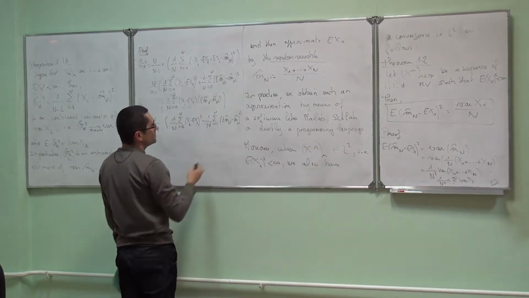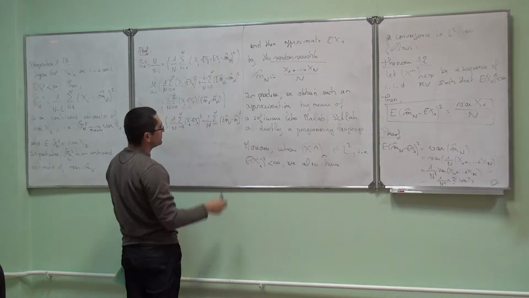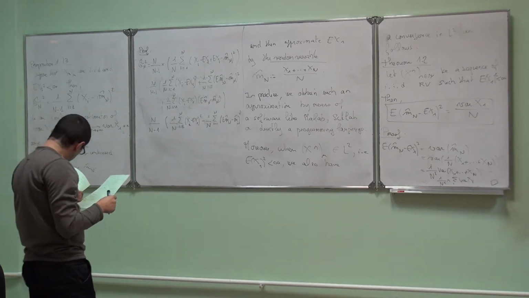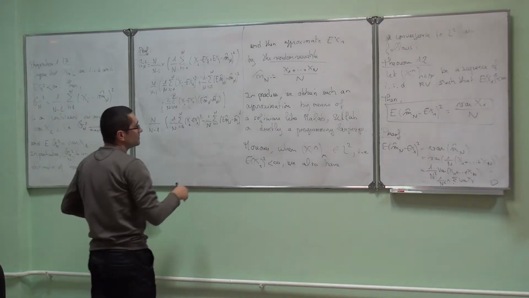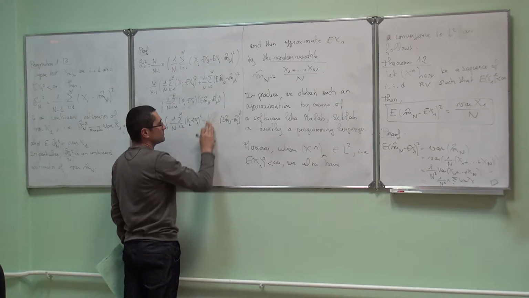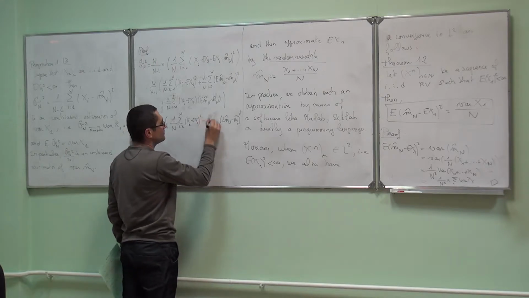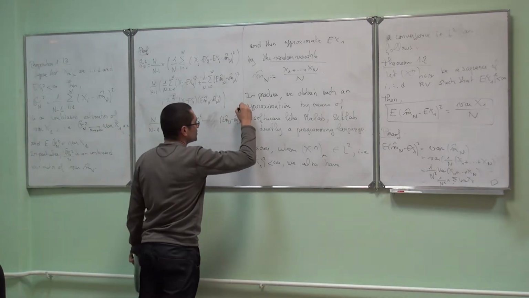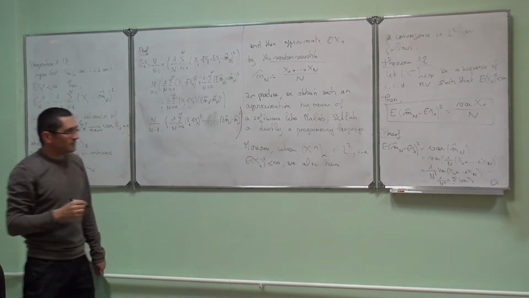But actually you can simplify this term, because all the terms are constant, and then you can forget this. So you get here a very simple expression of the estimator.